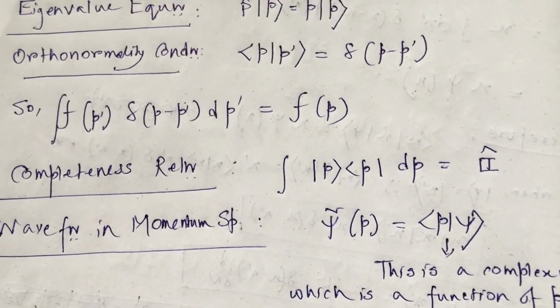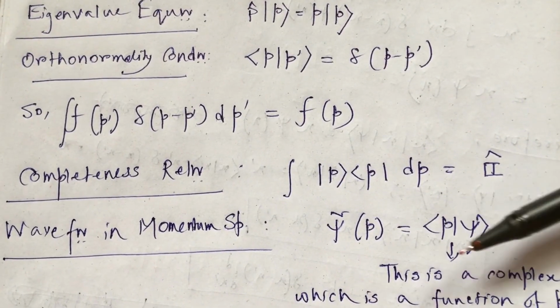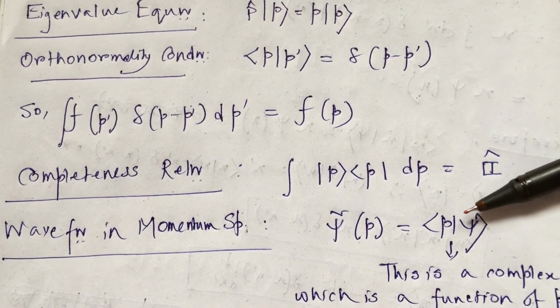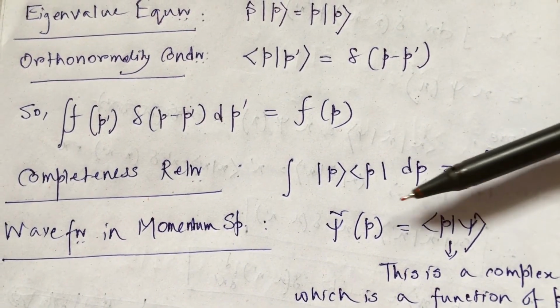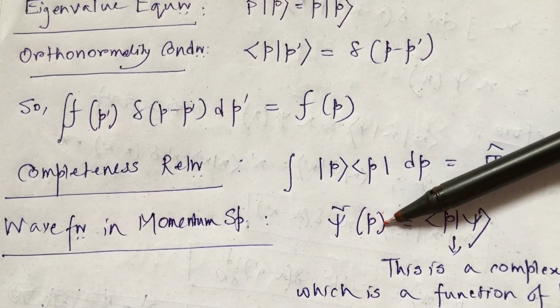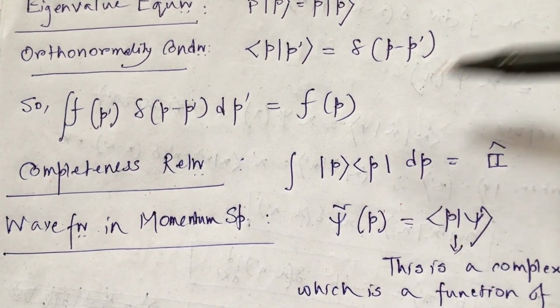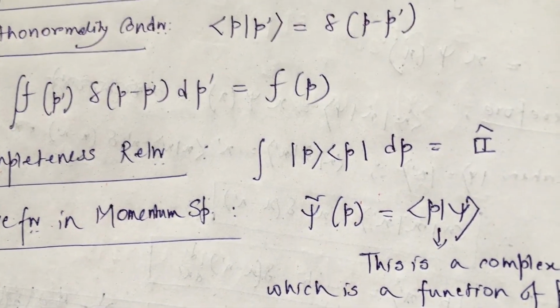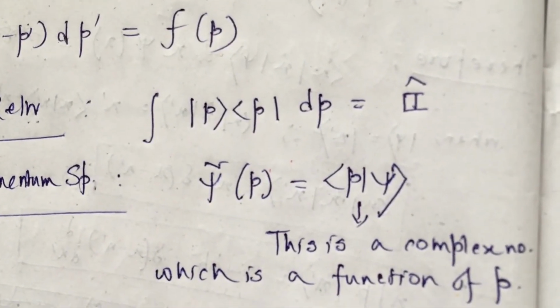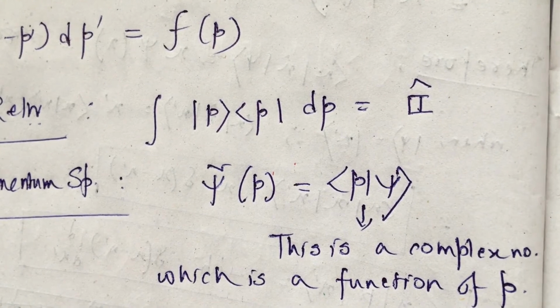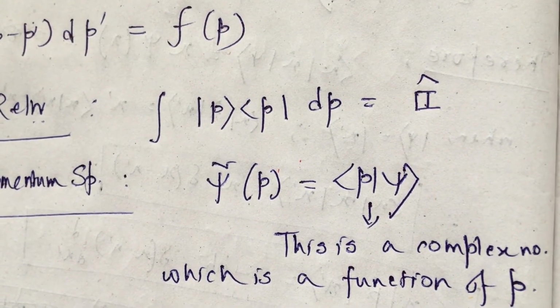And the wave function, which is the component of psi in momentum space, is psi tilde as a function of p. Why have I written psi tilde? Just to distinguish between momentum space and position space. This is just a variance in the notation and nothing else.